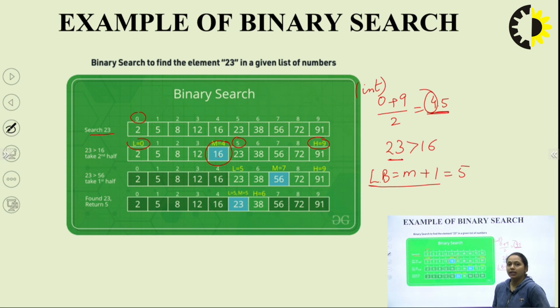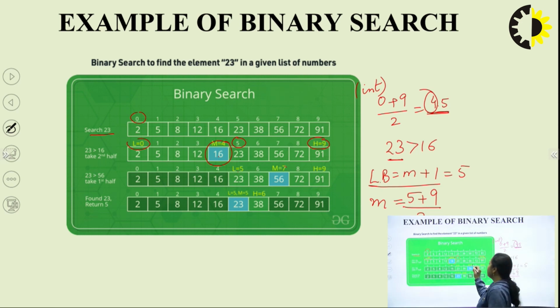Again repeat the process, which means again we calculate the middle element: lower bound plus upper bound divided by 2. The lower bound is 5 and the upper bound is 9, so 14 divided by 2, or 7.